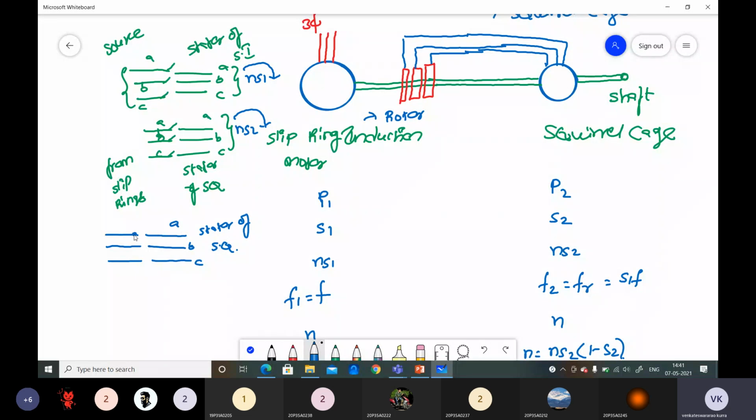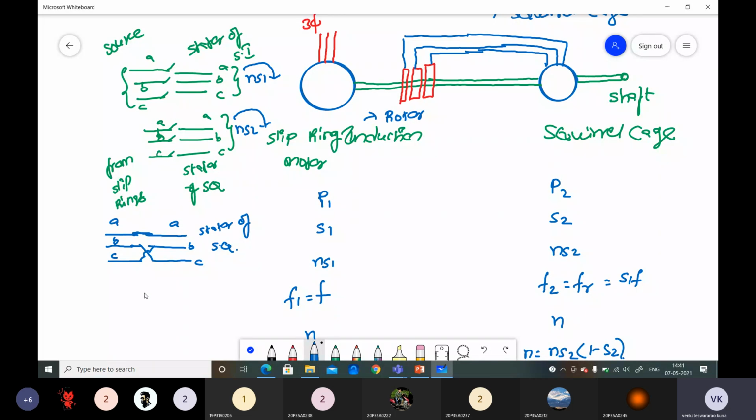But here this is A phase. This is from the slip rings of the slip ring induction motor, B, C. Here this B phase is connected to this C phase, and this C phase is connected to B phase, and A phase is connected to A phase.